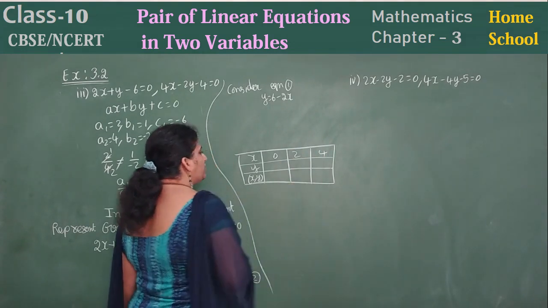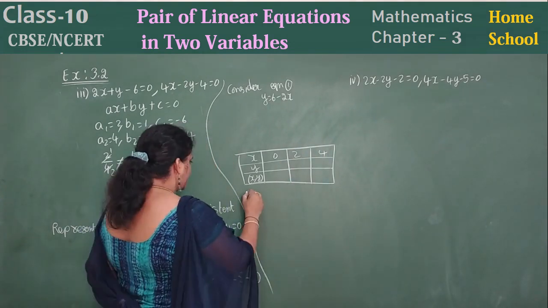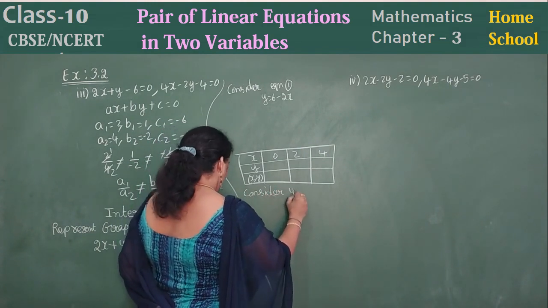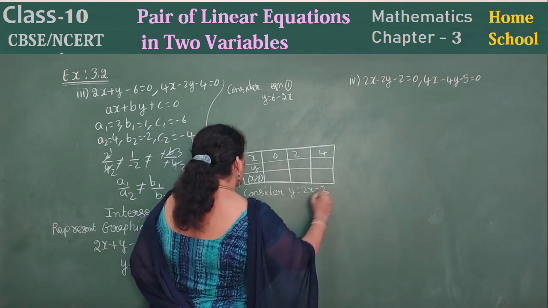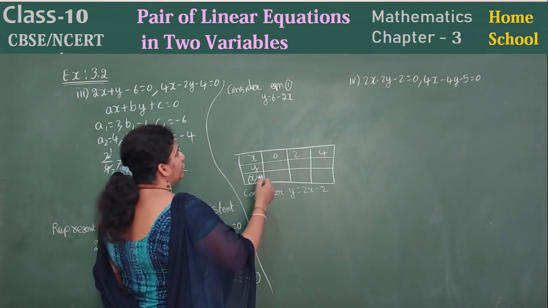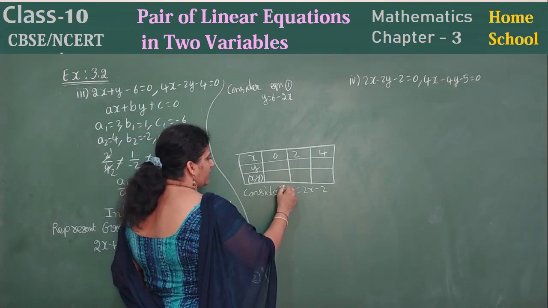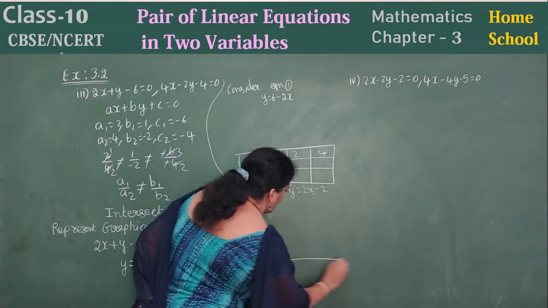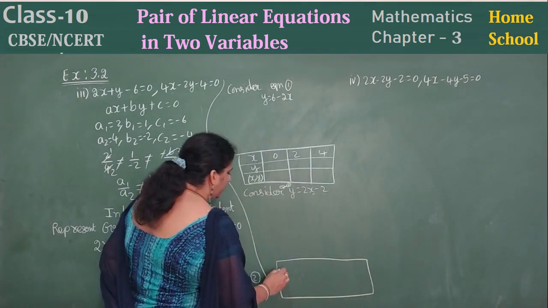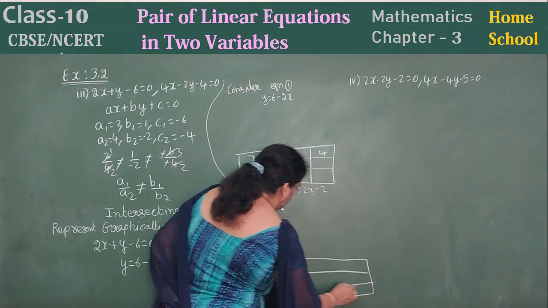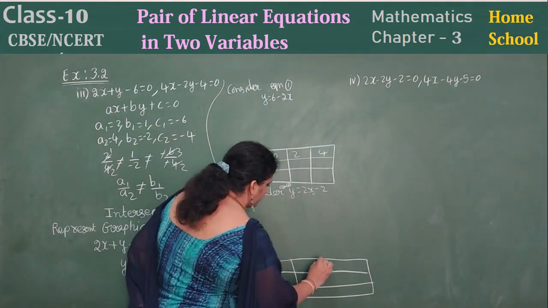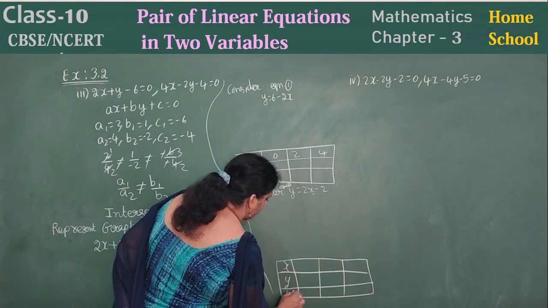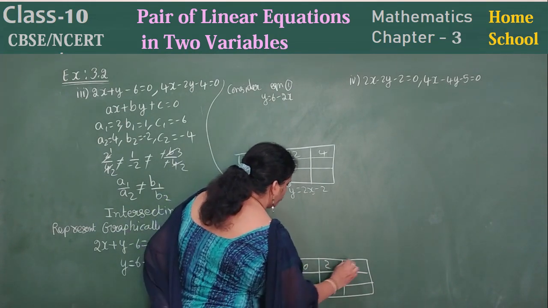I've taken some 3 values, and you take the next equation. Consider y is equal to 2x minus 2, equation 2. Take one more table here. You can take the same values: x, y, x comma y, 0, 2, 4.